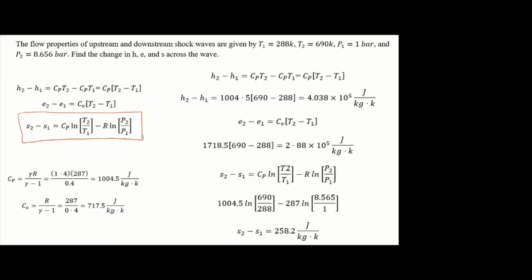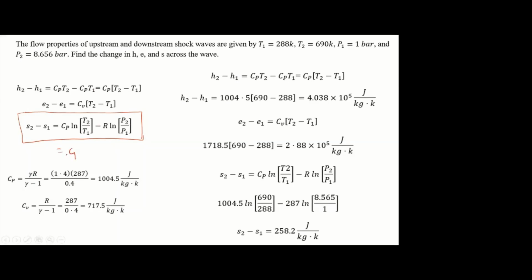So here the first problem. Across the normal shock wave, they mentioned the properties. They are given T1, T2, P1, P2. Using this, you have to find dH, dE, and ds. Actually, two equations are there. This is in terms of temperature and pressure.